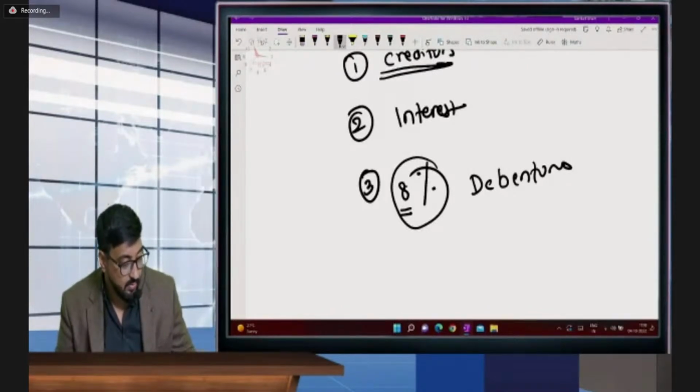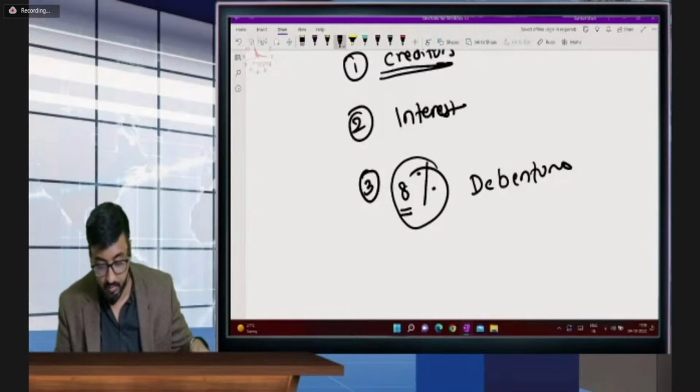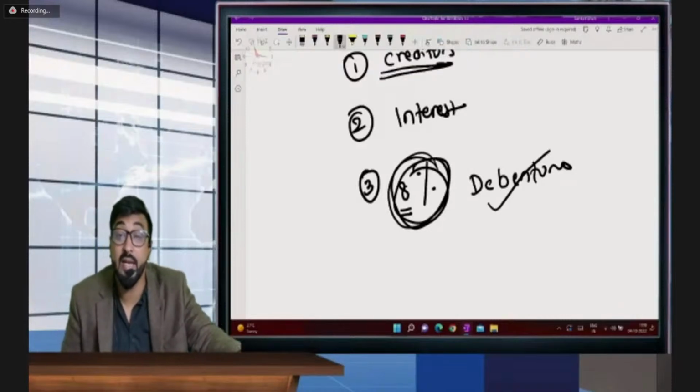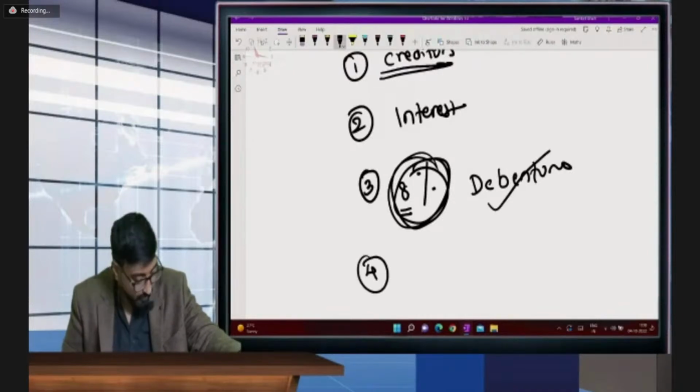So what are debentures? You have to write 8%, this prefix indicates the interest rate. What does it indicate, beta? It indicates the interest rate. Remember.